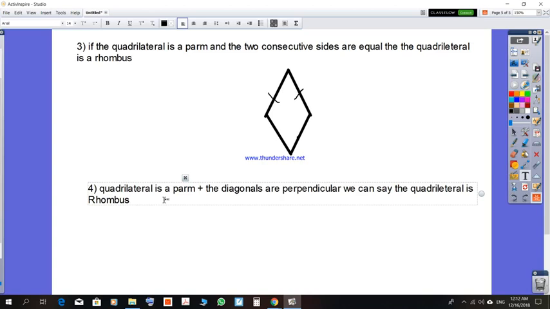If you find one of these rules, that means the quadrilateral is a parallelogram. If you find that two consecutive sides are equal, the quadrilateral is a rhombus. Or if you add to the parallelogram that the diagonals are perpendicular, then we say it is a rhombus.